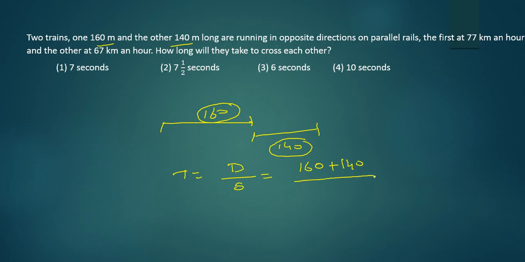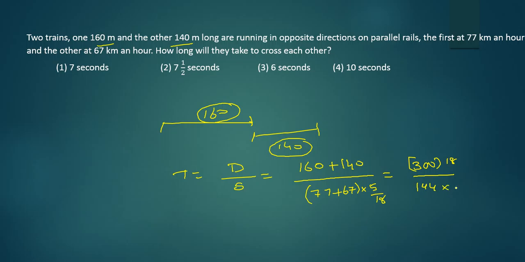What is the speed? Speed is 77 plus 67. Look at this. These are given in kilometers per hour. To convert it into meters per second, you have to multiply it by 5 by 18. This equals 300 into 18 divided by 77 plus 67, times 5. How much will you get?